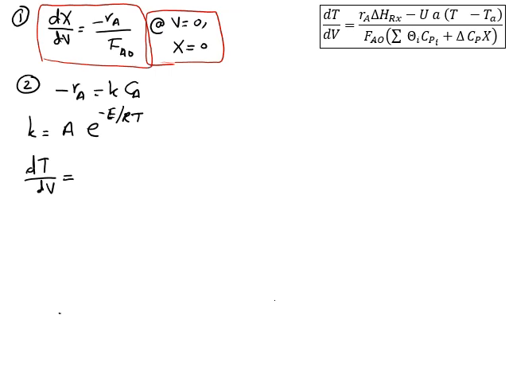In this case, the reaction is endothermic and we are heating. So I'm going to talk about localized heat absorbed by the reaction, and localized heat transferred to the reactor. And I want these two terms to be positive all the time.